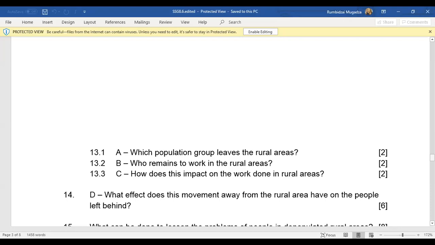We're doing 13.1. From Musa is saying teenagers. Okay, other people, what do you say? Which population group leaves the rural areas?